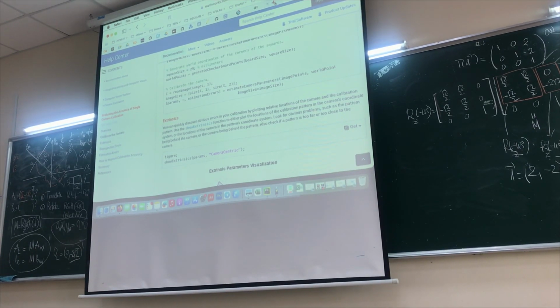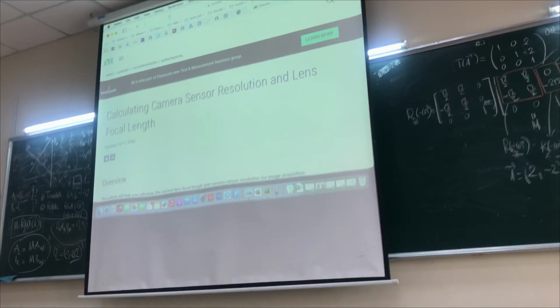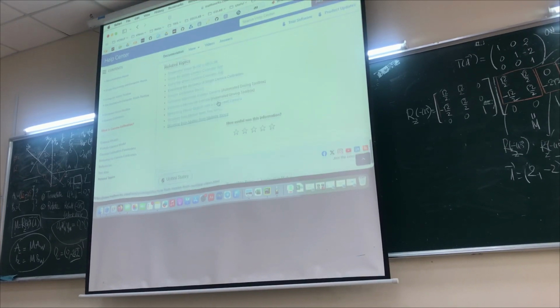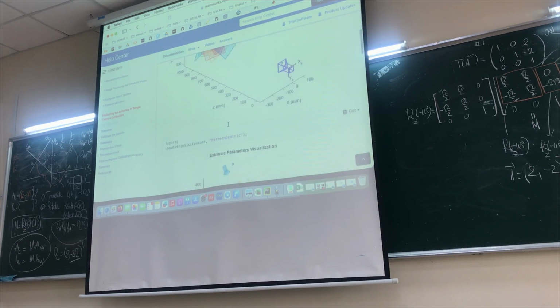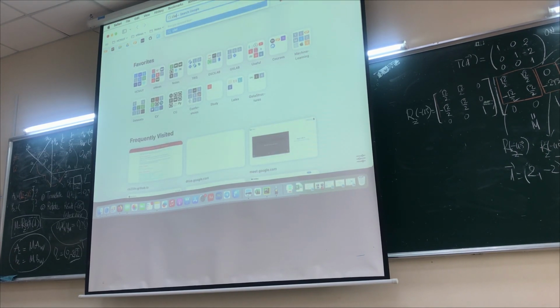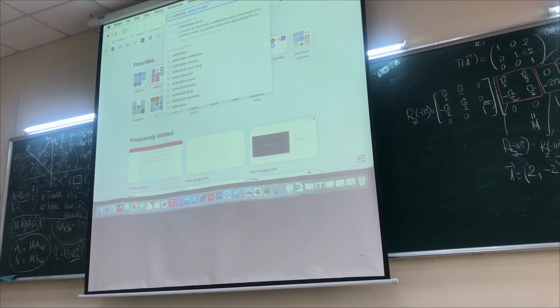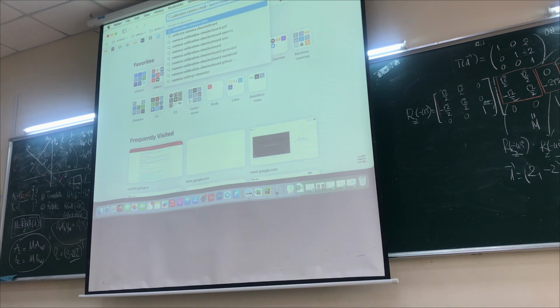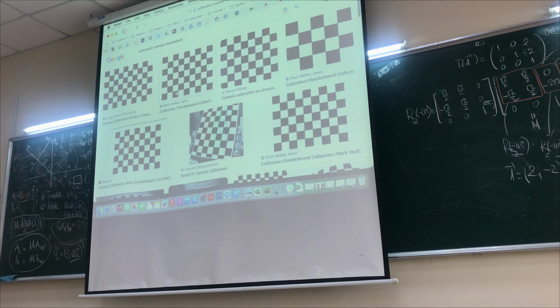First, in order to perform calibration, you have to prepare the image. Now you use the calibration chessboard.